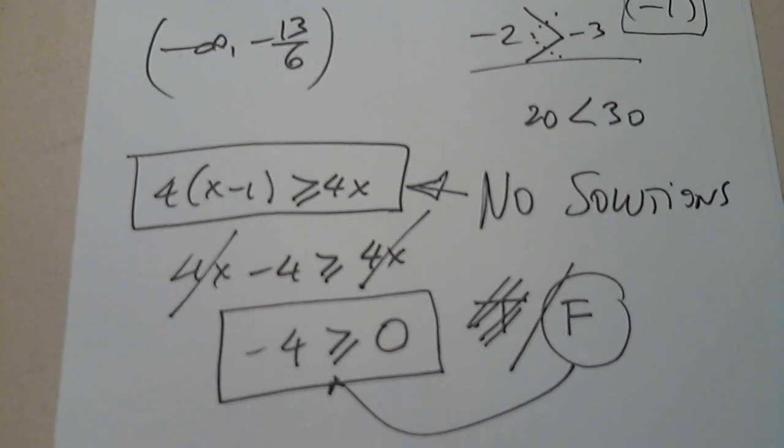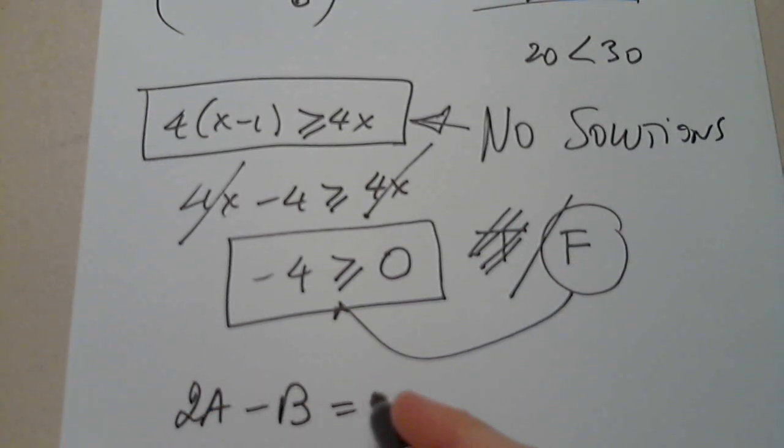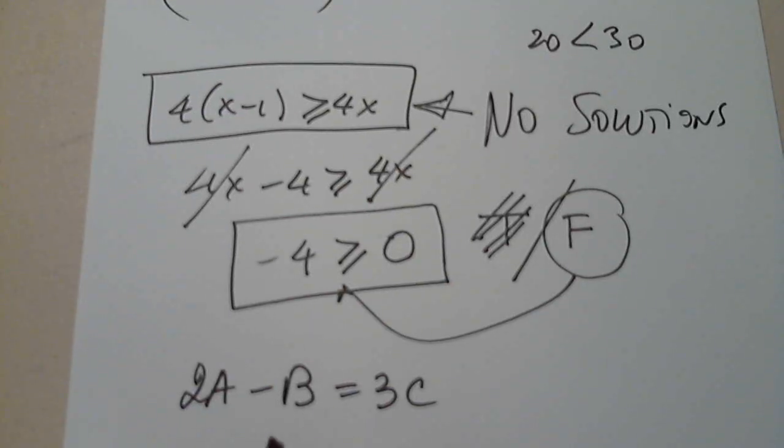So now let's work on the next one. We have a formula 2a minus b equals 3c. We're asked to solve for c. Let me know what you decide to do.